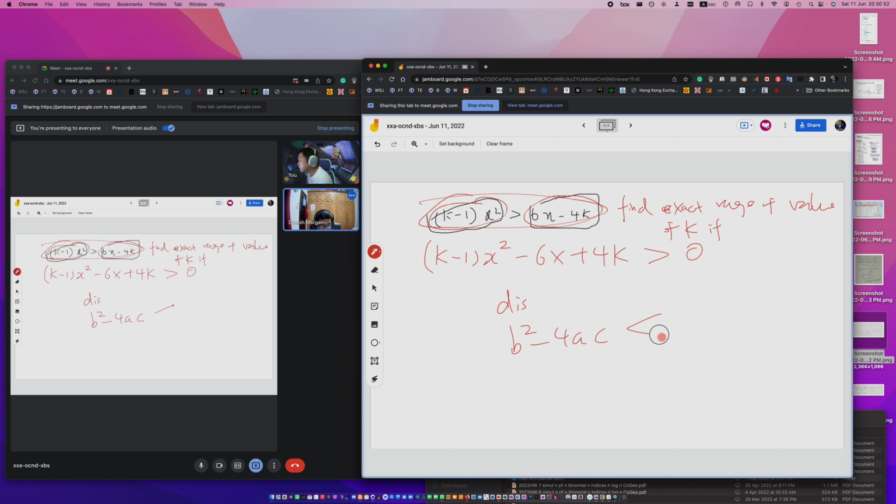Okay, good. So continue. I get this 36 minus 4 times this one, 4k, right? Then after that 16, then 16k squared minus 16k.